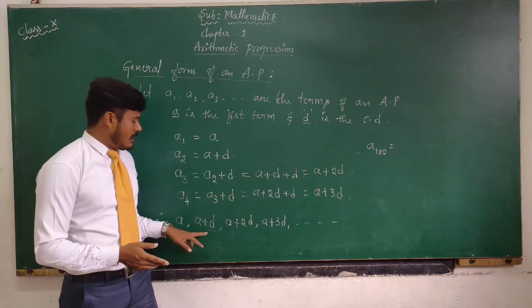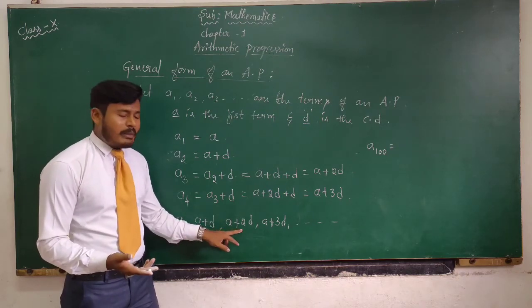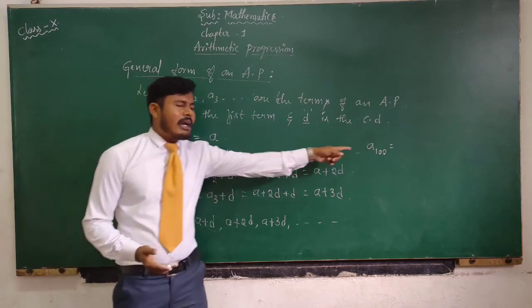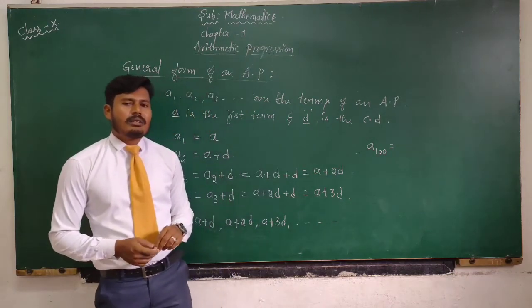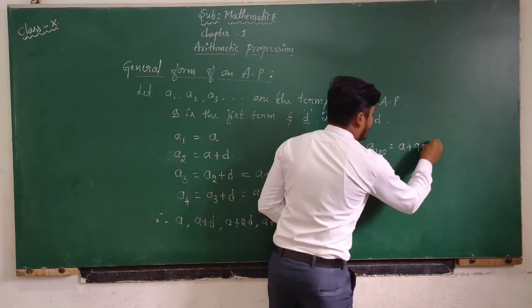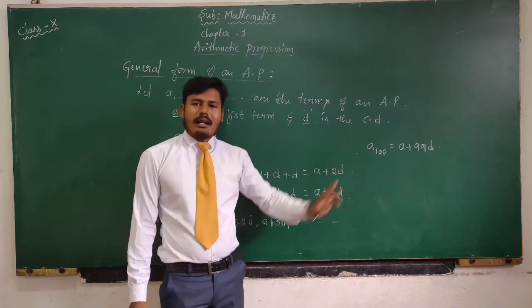You already know about that. So a plus d is the second term. Then the third term is a plus 2 times d. Then what about the 100th term? So the 100th term is a plus 99d.